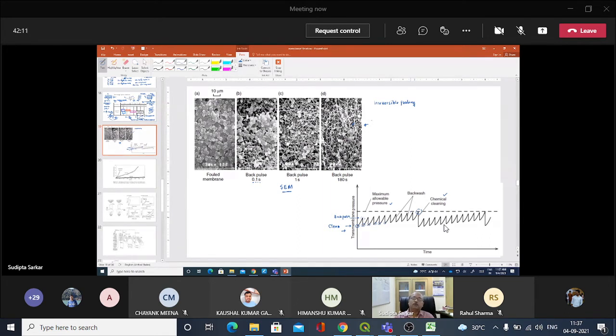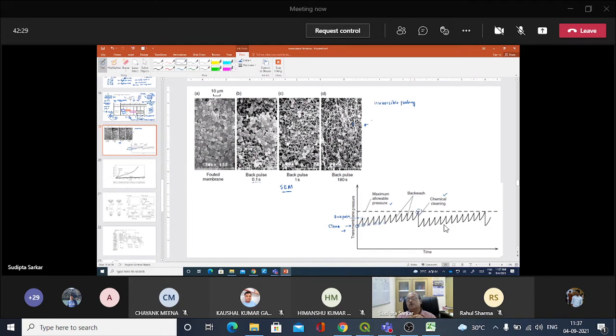You use some kind of a detergent to break the hydrophobic bond between the particle and the membrane. The membranes are hydrophobic in nature. I will discuss it very quickly, as soon as possible.